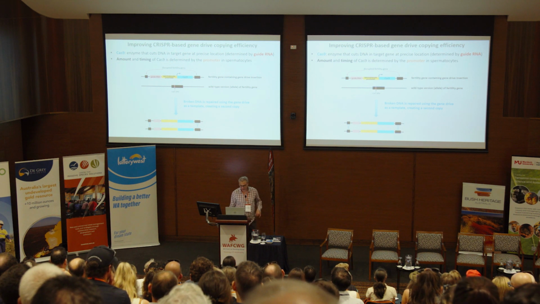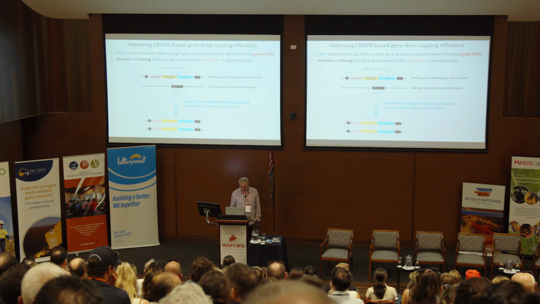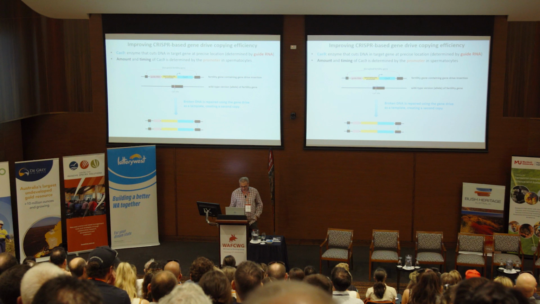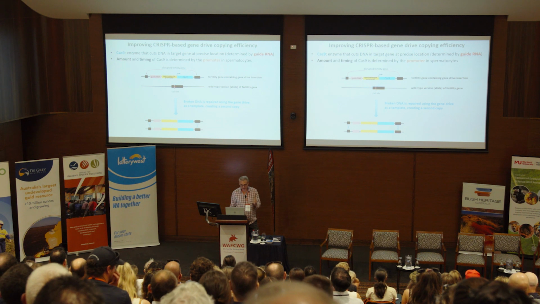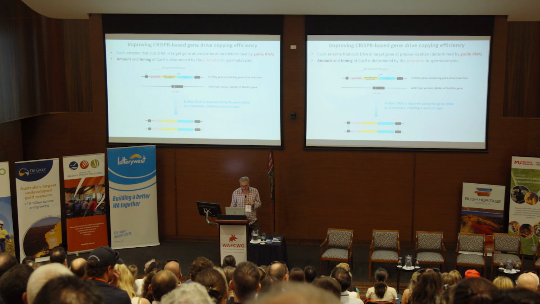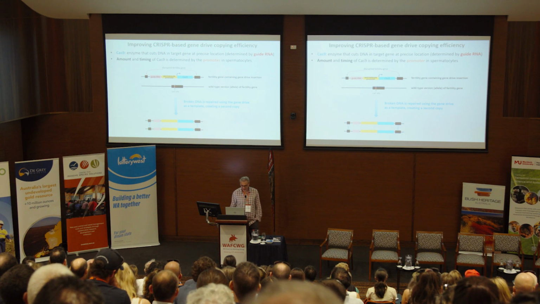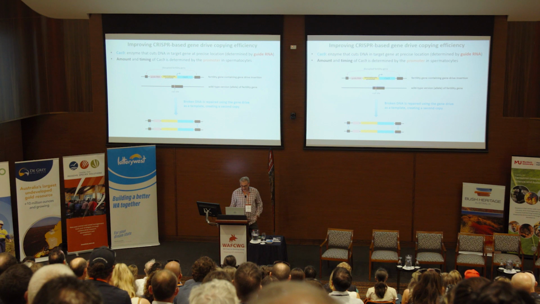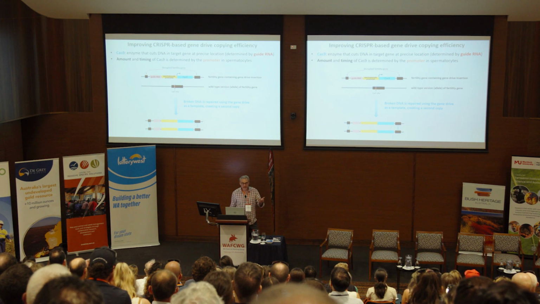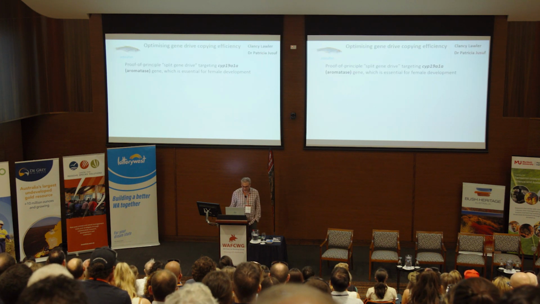It also carries within that cassette a guide RNA, which allows the Cas9 enzyme, which causes a double-stranded break in the DNA, to target a particular site in the genome, in this case the female fertility gene. So the Cas9 cuts the site, and the natural mechanism in the cell is then to use the GenDrive version of that allele to repair the cut wild-type allele, and that essentially creates two copies of the gene. That's how it propagates through the population, so ideally all of the offspring will inherit that GenDrive.